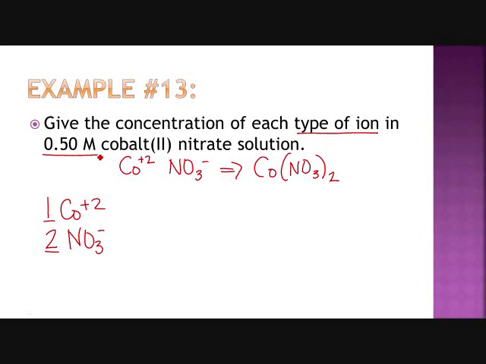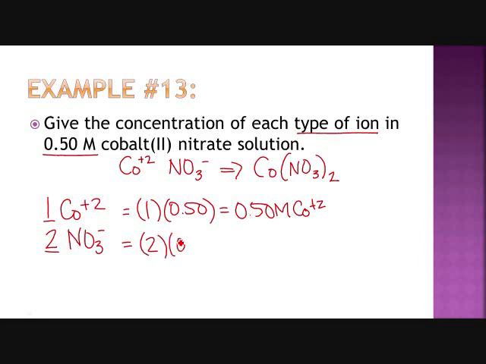So for cobalt, it's just 1 times the 0.50, so that's going to be the same 0.50 molar for cobalt ions. But for the nitrate, we have to take it times 2.